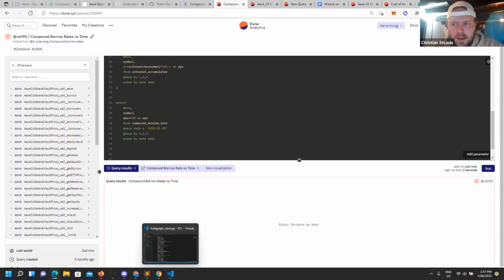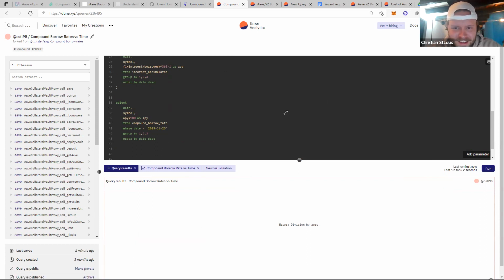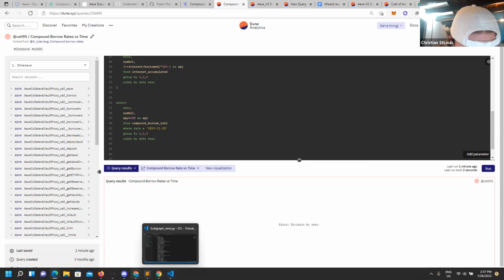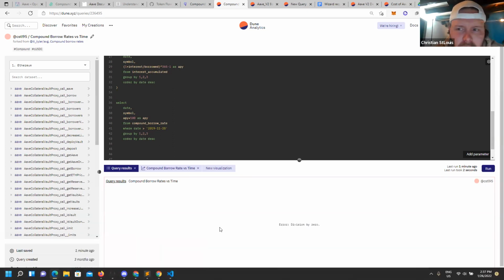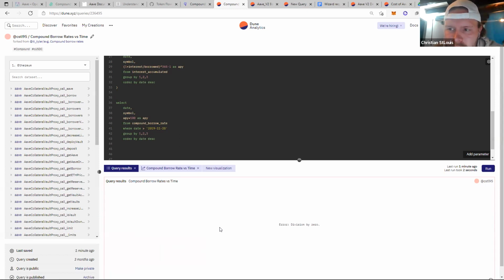Now I've got to figure out how to get back to Zoom because I closed it. Can you see the Zoom stuff on my screen? I actually cannot. So it just looks like I'm clicking randomly.